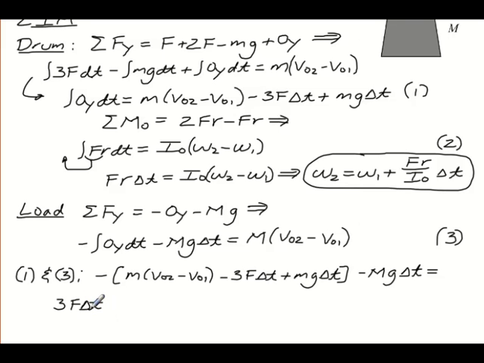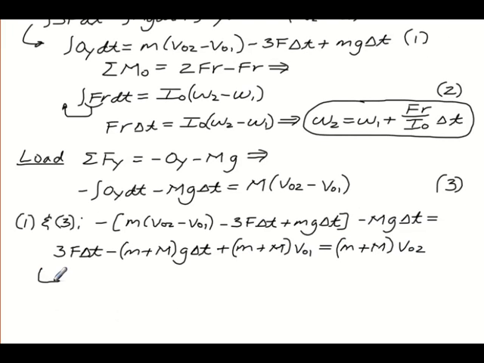I'm going to have a minus M plus M total mass, g delta T. On the left-hand side will remain an M plus big M VO1. On the right-hand side, I'm going to have an M plus M, the total mass again. So it's VO2.